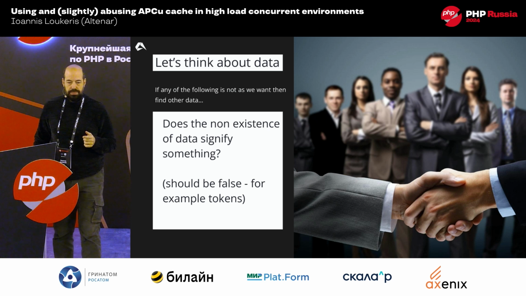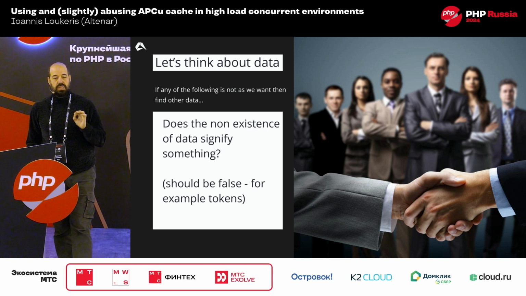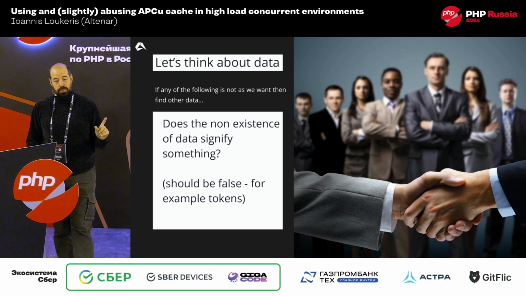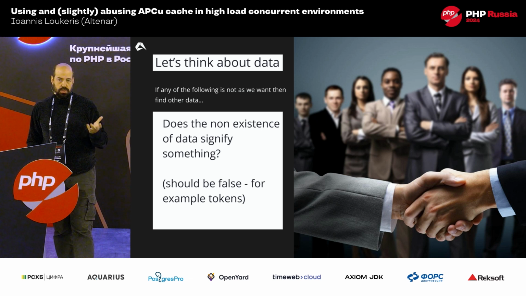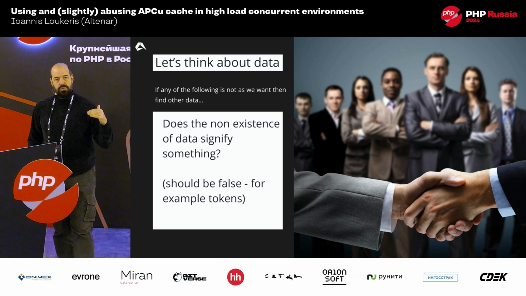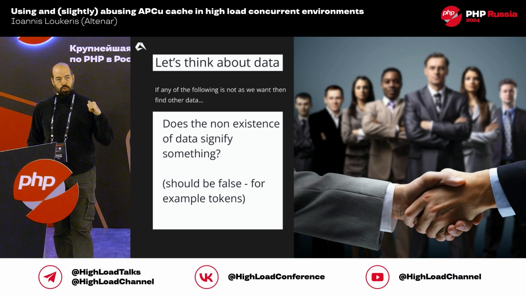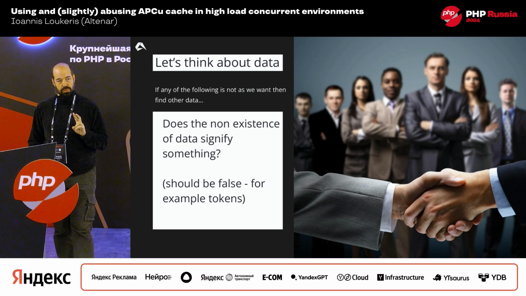And finally, does the non-existence of data signify something? For example, user access tokens. When you go to your store, your cache, whatever, and you check for the existence of a user's access token, if you don't find it there, unfortunately, there are two different things that might be happening.